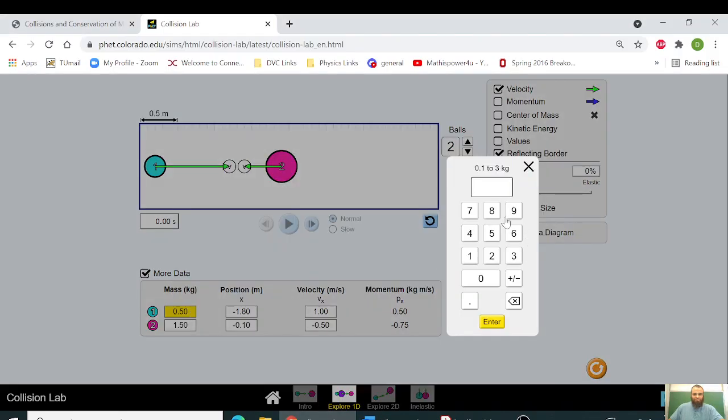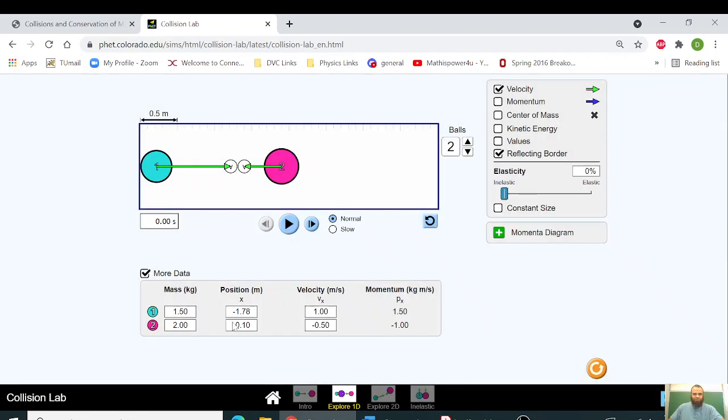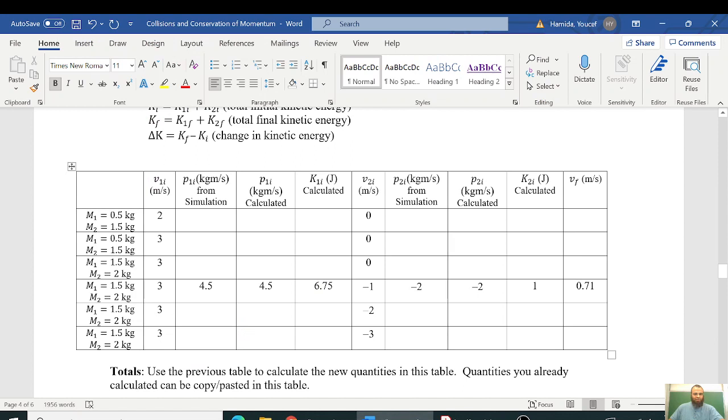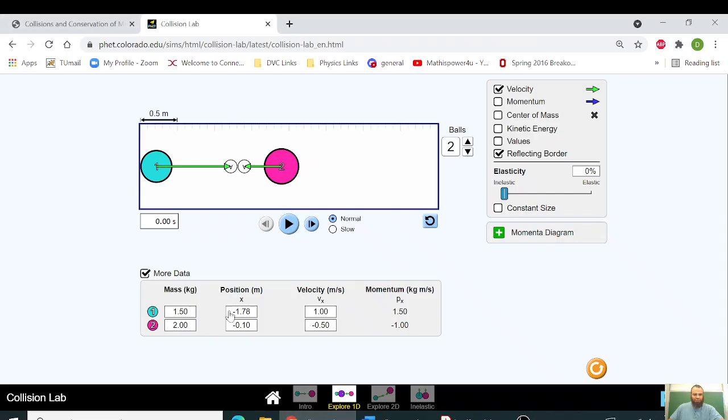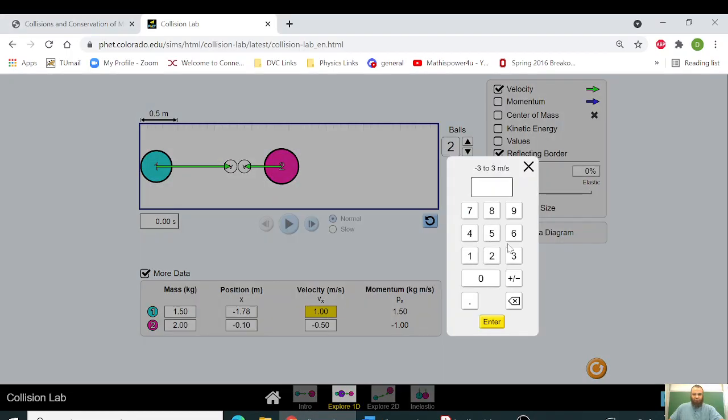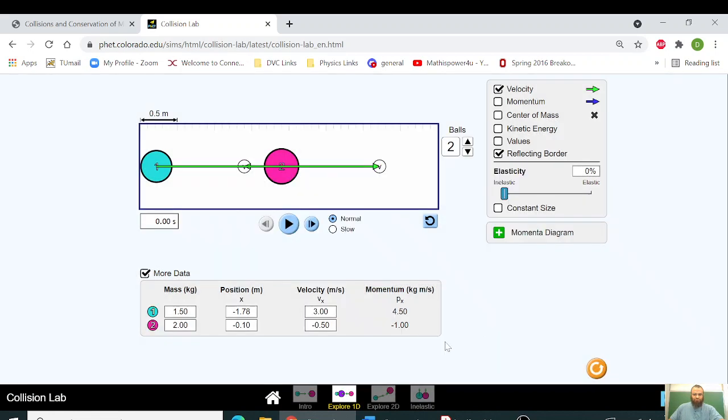So let's choose it. This one is 1.5, enter, and this one, we were asked to put 2 kilograms. Okay, what else? We're asked to put V1 initial to be 3 meters per second. So let's do it. 3 meters per second, enter.